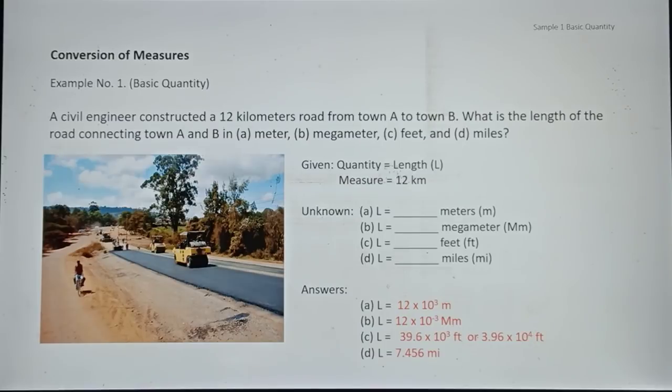It shows that 12 kilometers when expressed using other units changes the number but the value remains the same. That 12 kilometers is equal to 12 times 10 raised to the third power meters, equal to 12 times 10 raised to negative 3 megameters, equal to 3.96 times 10 raised to the fourth power feet, and is equal to 7.456 miles.